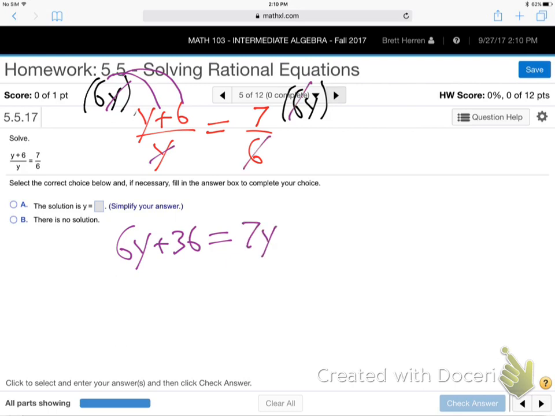We get 7y. Subtract 6y from both sides. Is that okay? No more fractions, right? After the first step. That's the crucial part. I think if you make it past step 1, you're good on these. That's step 1, what I did there. We just always multiply top by the common denominator.